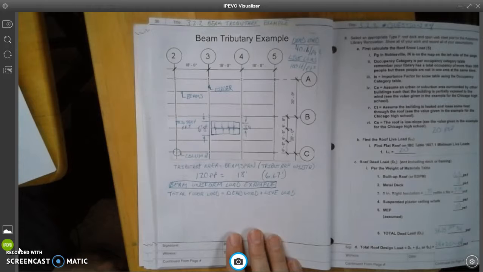So that is the uniform load, total floor load calculation. Dead load plus live load.